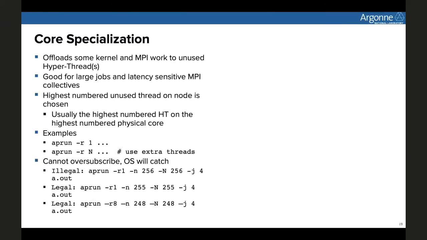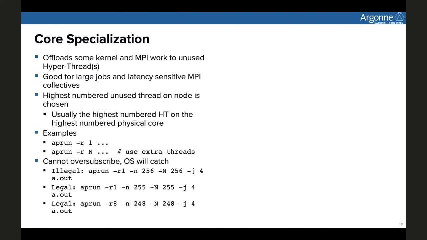In order to avoid that, you could use core specialization. You could specify it with aprun -r 1. If you specify that option, one hyperthread is dedicated to the operating system processes, so that the interference of the operating system on the application threads won't be noticed.